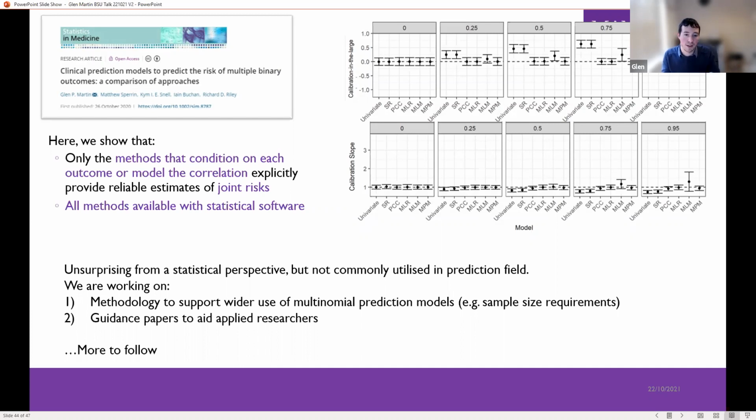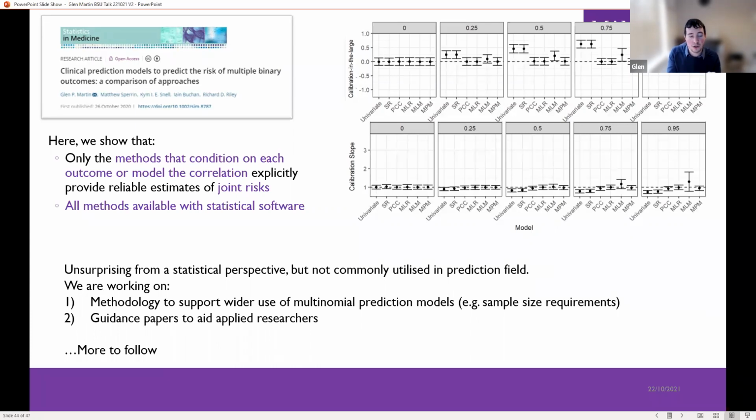To give an example using the AF example, if we multiply the risk of bleeding from HAS-BLED by the risk of stroke from CHA2DS2-VASc, that will systematically underestimate the number of people who would experience both of those outcomes. Again, perhaps unsurprisingly, the methods that model the multivariate outcome do provide an accurate estimate of that joint risk. Importantly, all of the methods we considered in that paper have statistical software available to fit them.